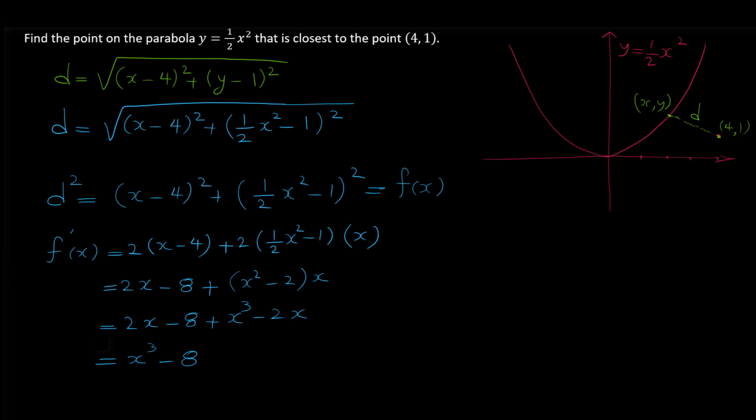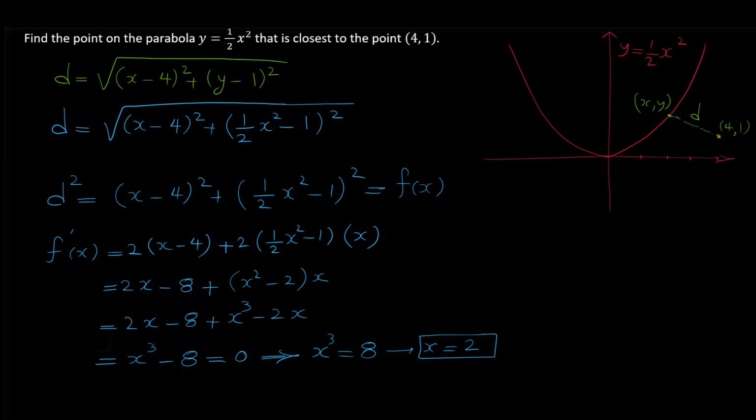Now if we set f prime of x equal to 0 for finding the critical point, x to the 3 is 8 and x is 2. So this is the critical point that we get for the square of d, not d itself.